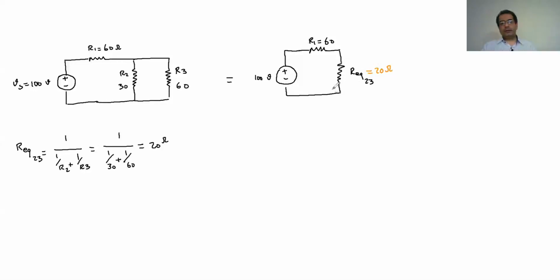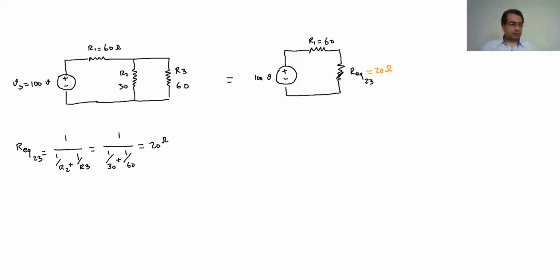Now look at this condition. I can go back to the original steps and analyze the whole thing, or I can look at it and say, okay, there are two resistances in series.